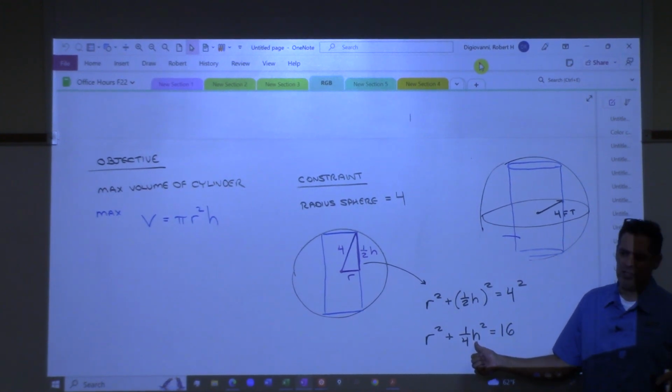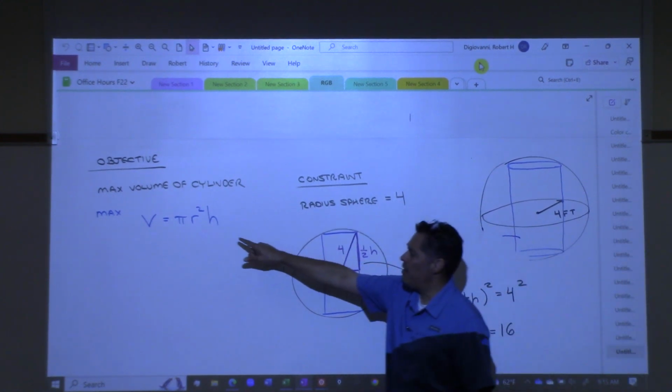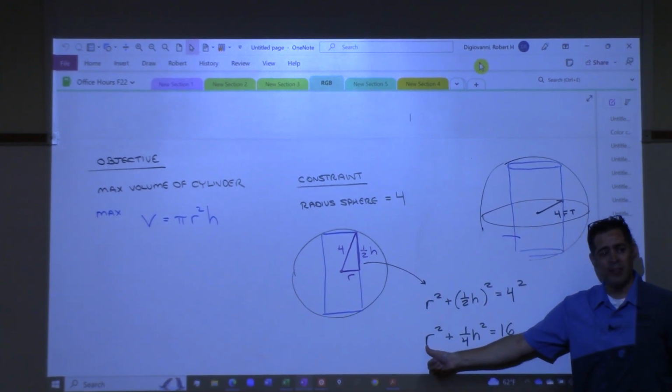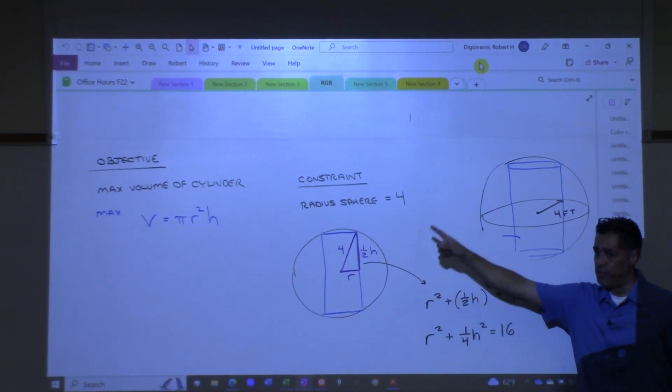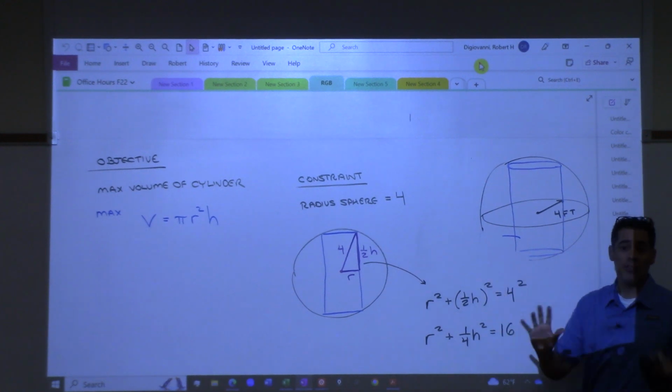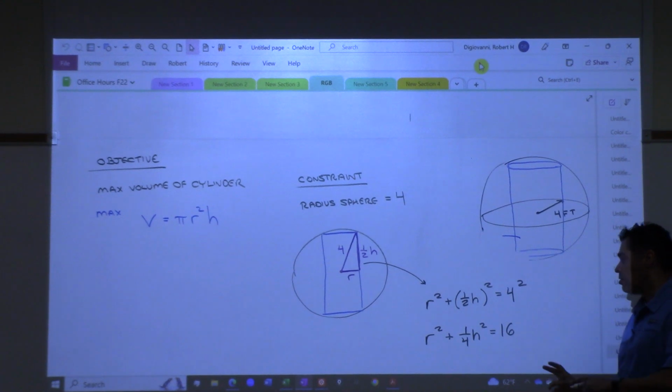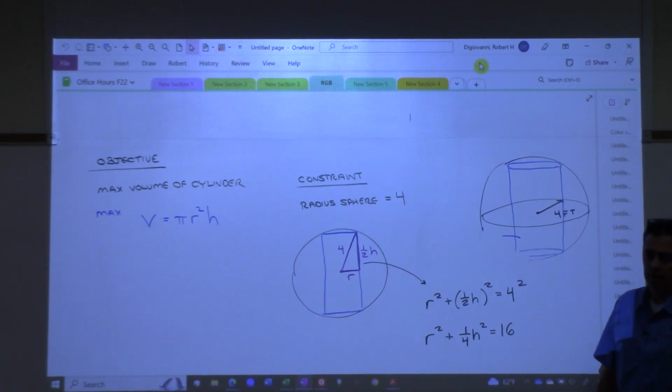And then I'll have plus or minus, and that'll be a mess, won't it? But because my formula over here has r squared in it, and this also has r squared in it, wouldn't it be easier just to solve for r squared and then just plug that in over there? We could do it either way. It'll work both ways, but I think solving for r squared is probably the more efficient way here.